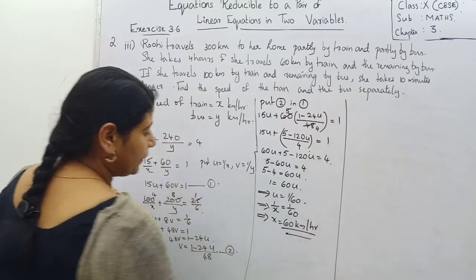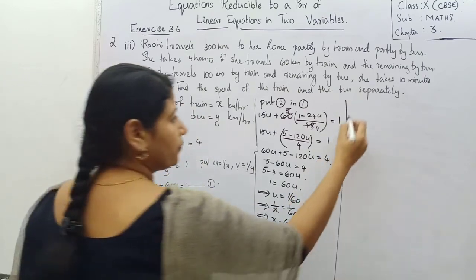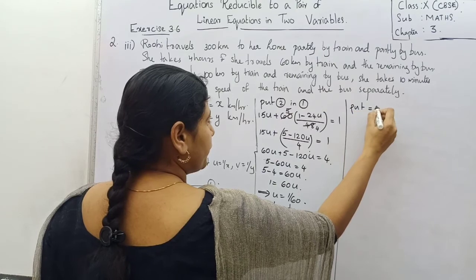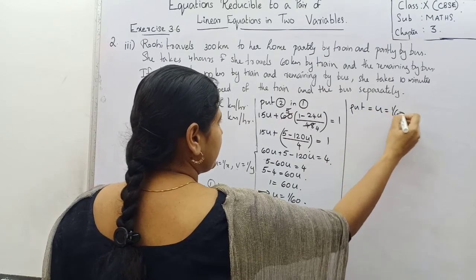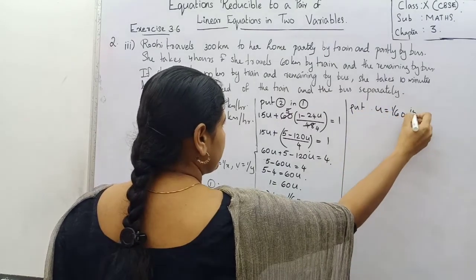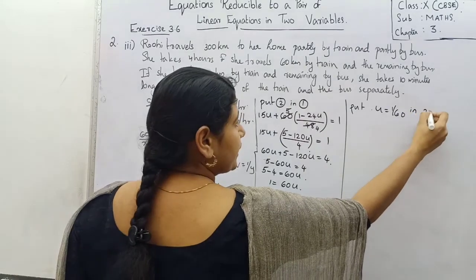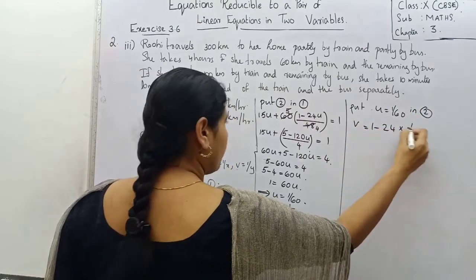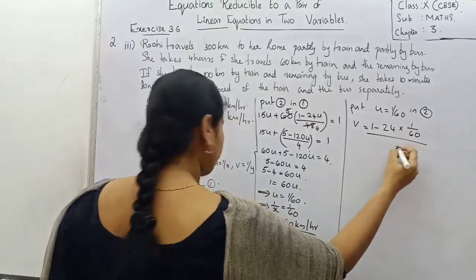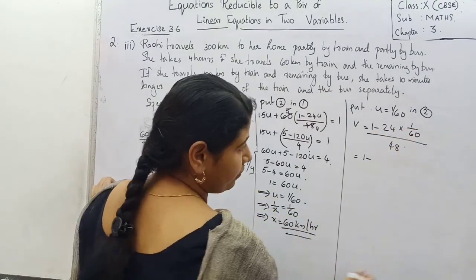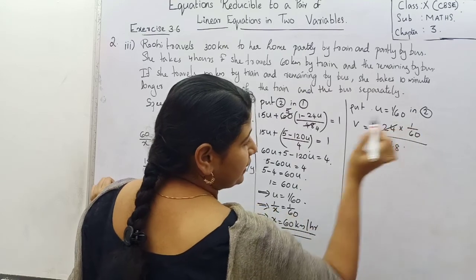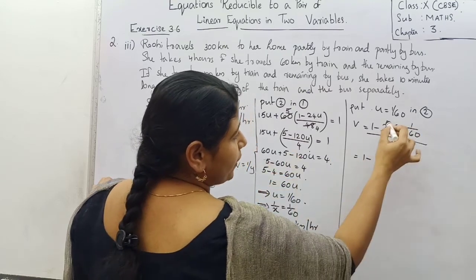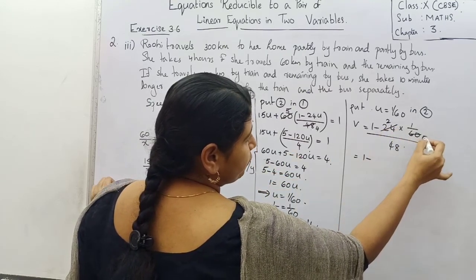And what about v? That we know. Put the value of u equal to 1 by 60 in which equation? Second equation. So we will get v equal to 1 minus 24 into 1 by 60, by 48. This can be cancelled by 12. 12 into 2 is 24 and 12 into 5 is 60.